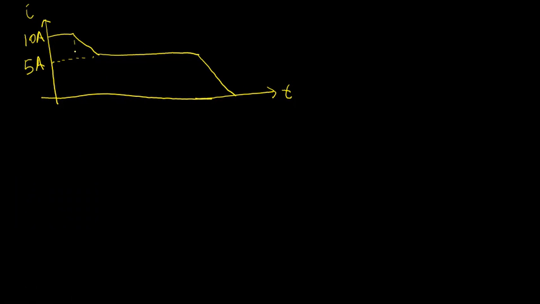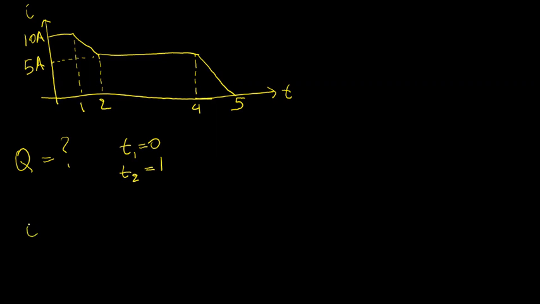Now this is 1, this is 2, this is 4, and this is 5. So the question is, determine the charge when T1 is 0 and T2 is 1.